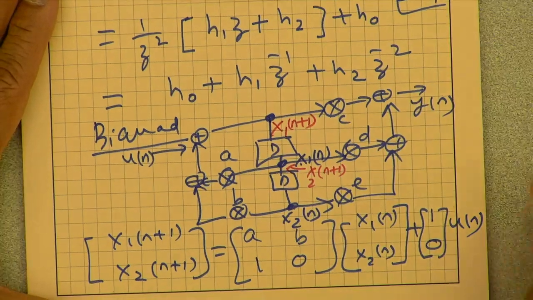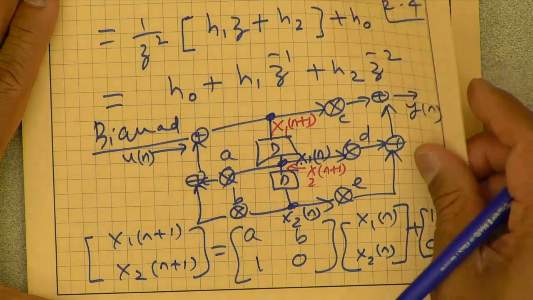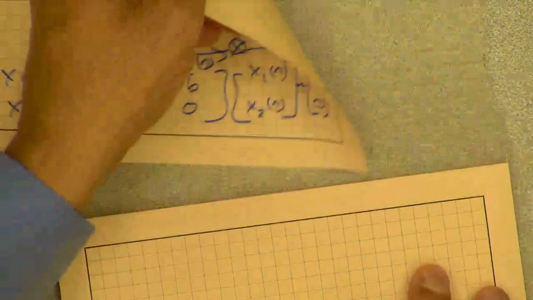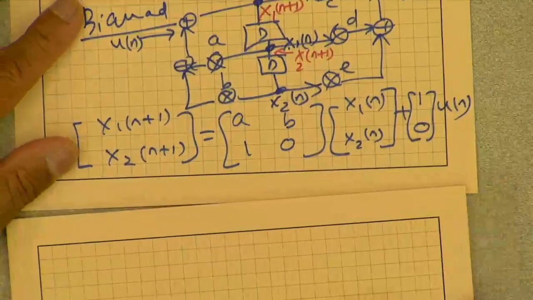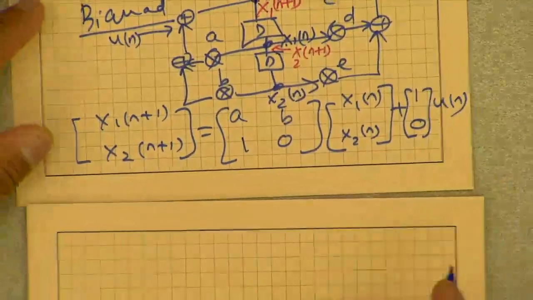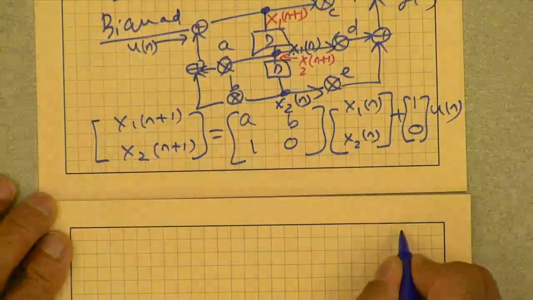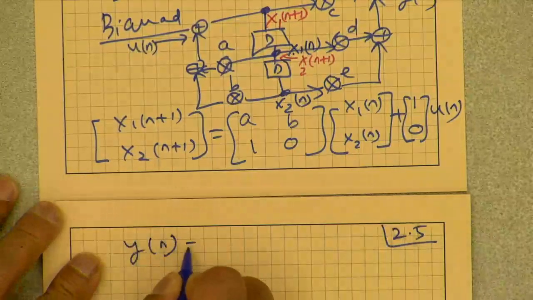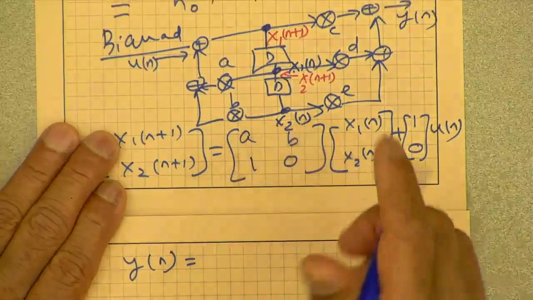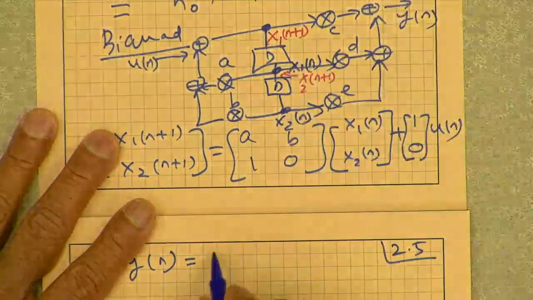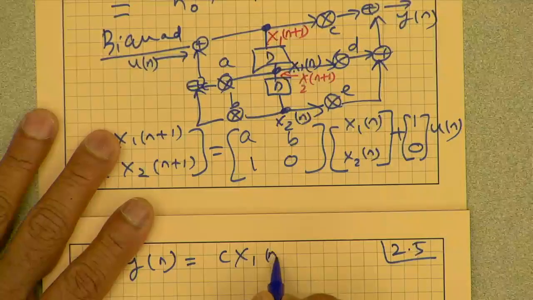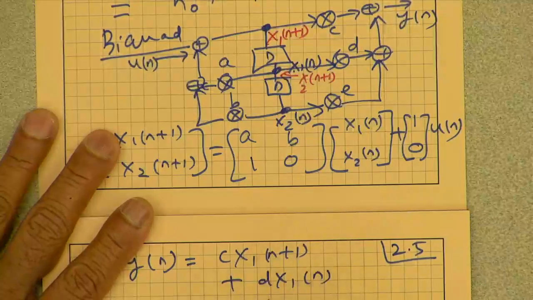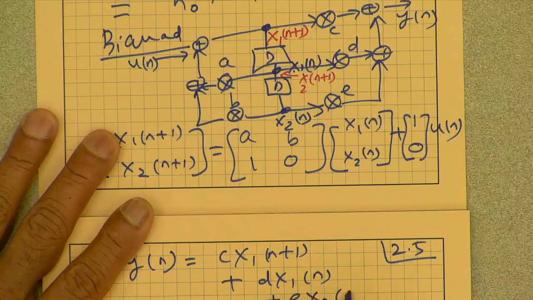Okay, so now I can write the output equation, and this is where I had stopped last class. So the output equation, y n. What is the output here? It is C times x1 n plus 1 plus D times x1 n plus E times x2 n.